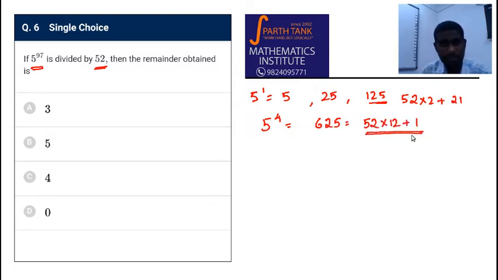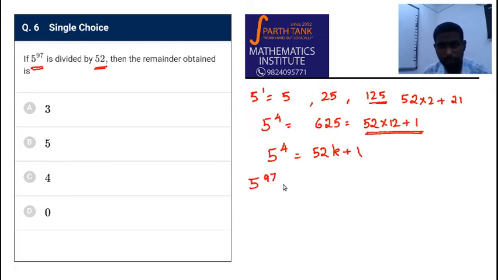This kind of thing, something plus 1, is always very useful in binomial theorem, right? So, what we have is 5 to the power 4 is 52 times some k plus 1. It is a multiple of 52 plus 1. That is the meaning of this right hand side, right? Okay. How can we do 5 to the power 97 with this?